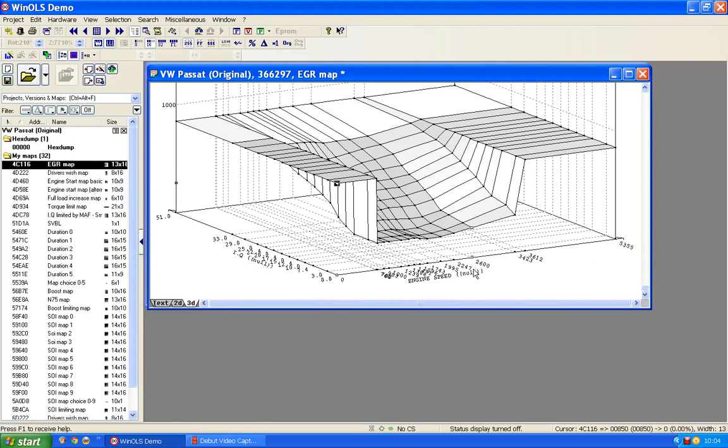If you were trying to inject 51 milligrams, which you probably won't be, but if you were, then as you tried to inject 51 milligrams with your foot absolutely flat on the floor, the engine speed would be constantly rising, and the mass airflow, as appears in this EGR map, would stay constant at 850. So it wouldn't change. Now, of course, that's an example not necessarily of real life.